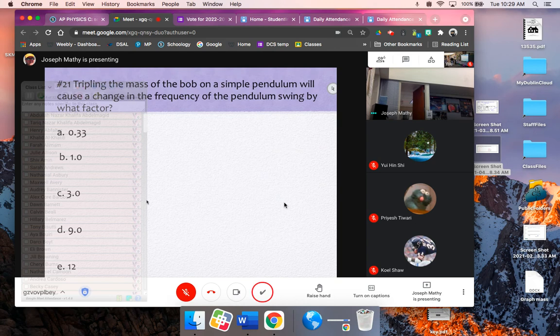We need an equation based on periodicity to solve this. We want to triple the mass of the bob on a simple pendulum. Pendulums work on this. If you've got a spring, the periodicity of a spring operates on this.